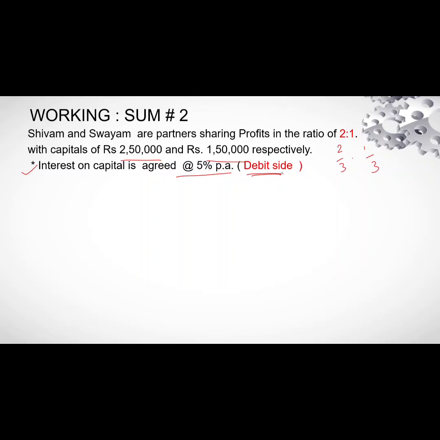So let's see how to calculate the interest on capital. First for Shivam, the capital amount is 2,50,000 and the interest rate is 5%. So calculate 5% on this. The interest on capital for Shivam will be 12,500.